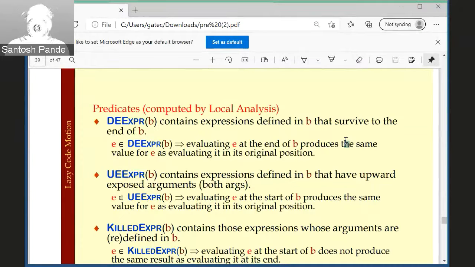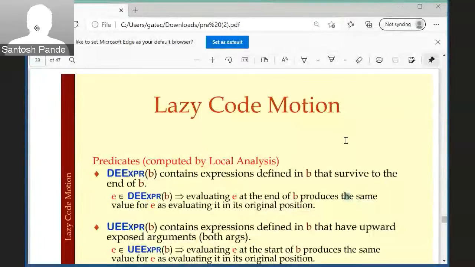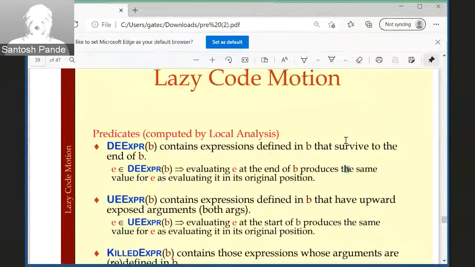So we are just finding availability and anticipatability. One is forward directional data flow, and the second is backward.